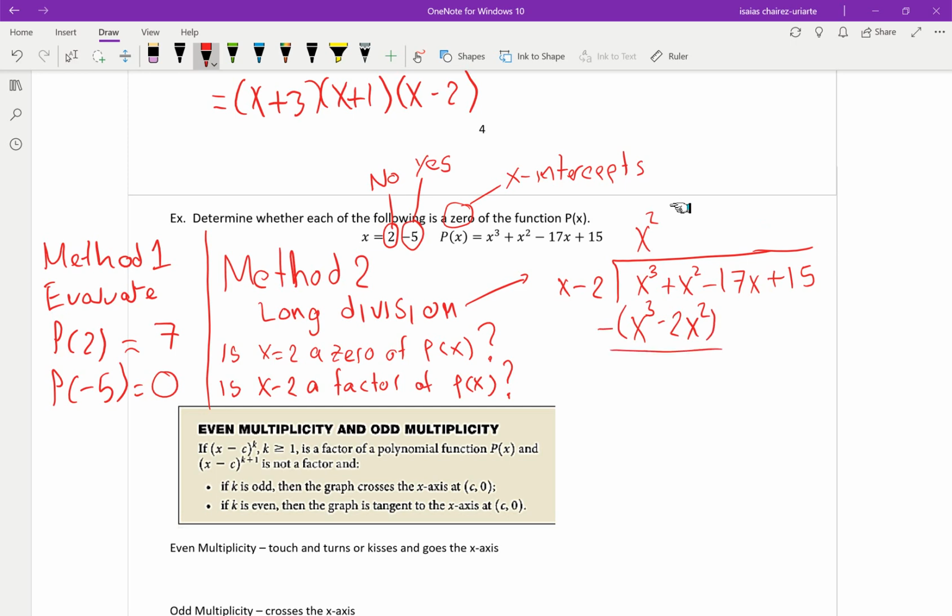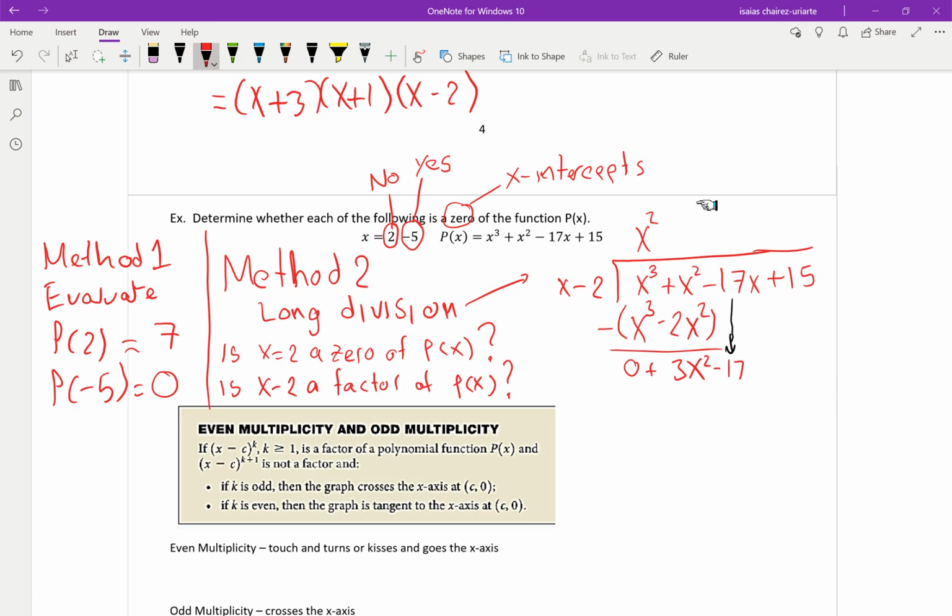So x to the third minus x to the third, that's 0. And then x squared minus -2x squared. Be careful with your signs there. That would say x squared plus 2x squared. Well, that's 3x squared. And then I bring down this -17x.